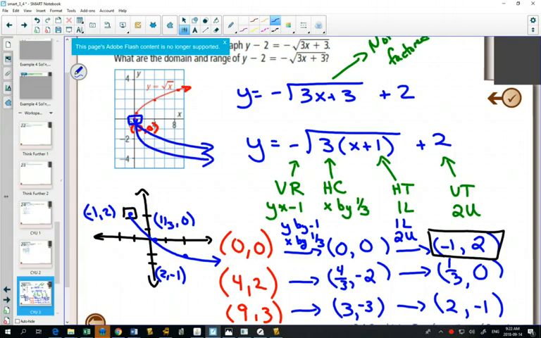It would go like that. Move it 1 to the left, go there, move it 2 up. Approximately like that. Does that kind of match up with what we have? Yes. The important thing is I figured out that the shape was like that. Because sometimes you'll have 2 points and you'll wonder, should I do it like this or should I do it like that? And that visual will help you.